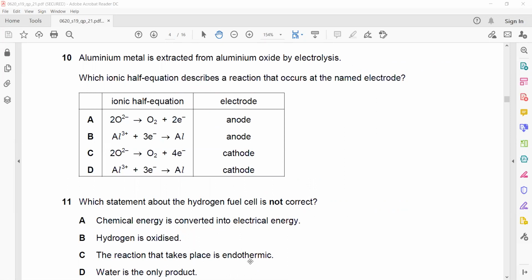For question 10, aluminium metal is extracted from aluminium oxide by electrolysis. Which ionic equation describes a reaction that occurs at the named electrode?